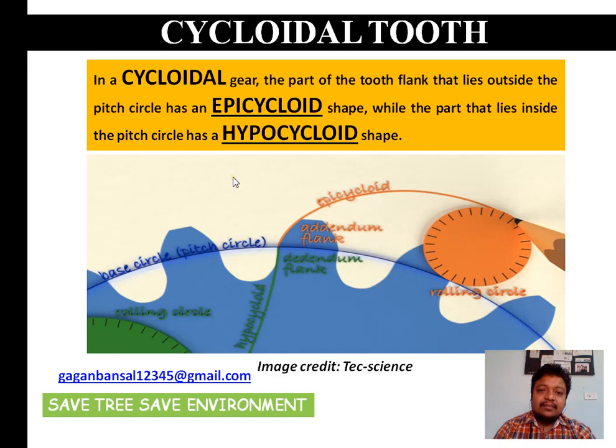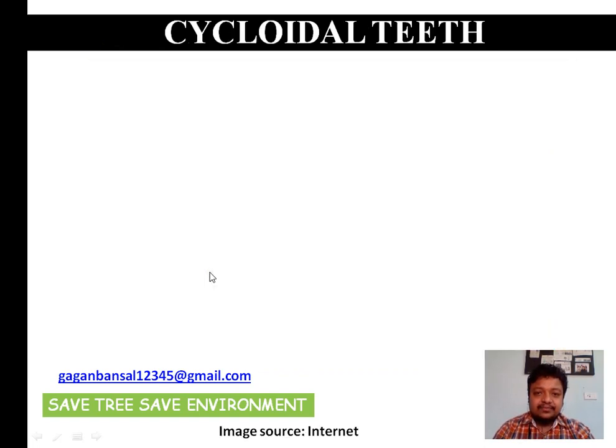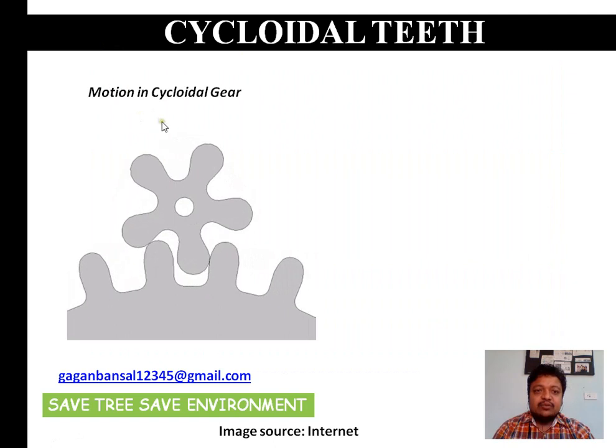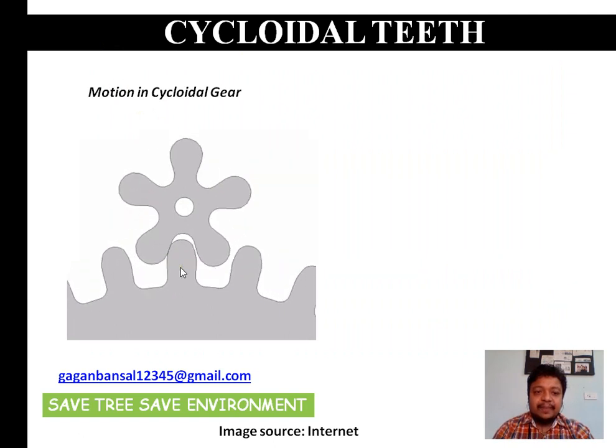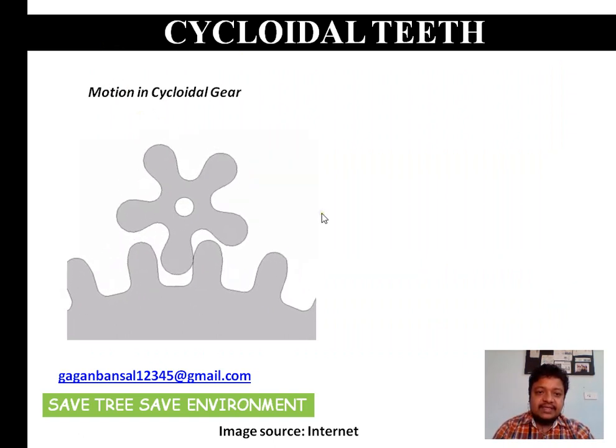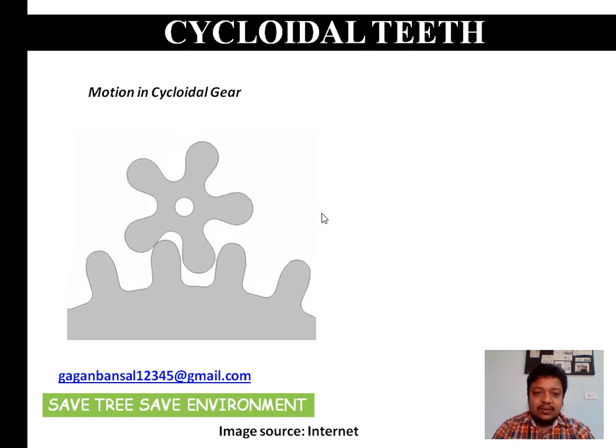Hope you are very clear. And here this fixed circle, about which the other circles are rotating, is your pitch circle. You can see the motion in cycloidal gear. Hope it is clear. I will show you a different way also.